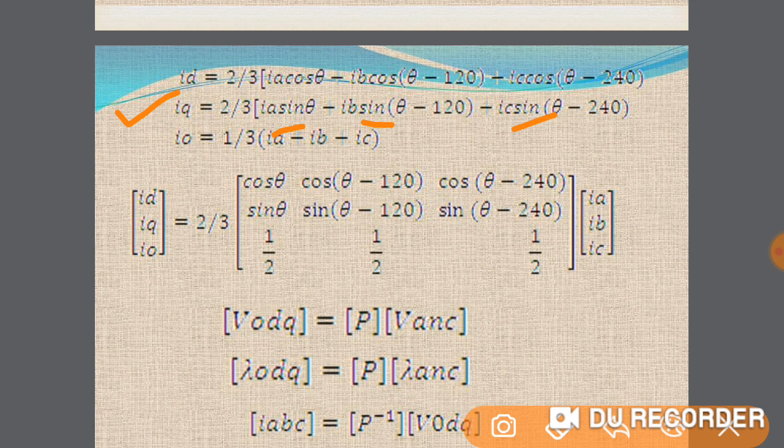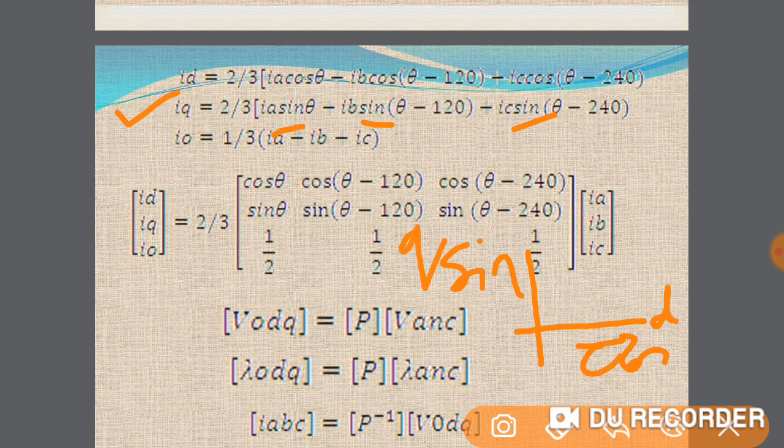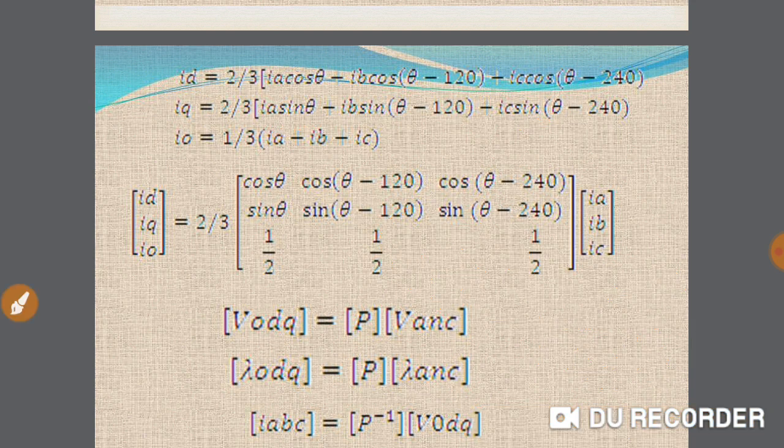By the geometry of any figure, if we draw two axes, this axis is the cos axis and this axis is the sine axis. We can say the cos axis is the D axis and the sine axis is the Q axis. It will become easier for you. So remember it like this: if there is Q, use sine. If there is D, use cos.